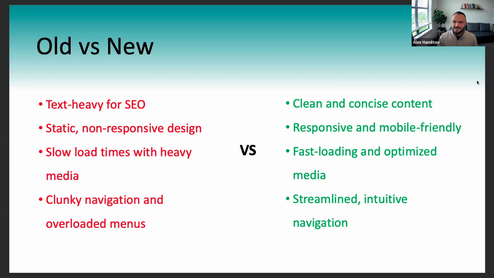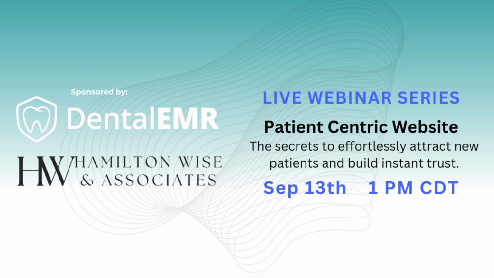Third part is fast loading and optimized media. It's really important here because oftentimes when you go onto websites, it happens to all of us. For example, I am trying to plan a trip for my honeymoon, and I was trying to click on buying tickets to go to some museums, but the load times were so slow because they had so much media, videos in the background, photos, and I couldn't actually get to scheduling a ticket.